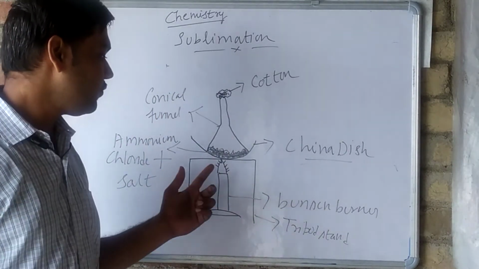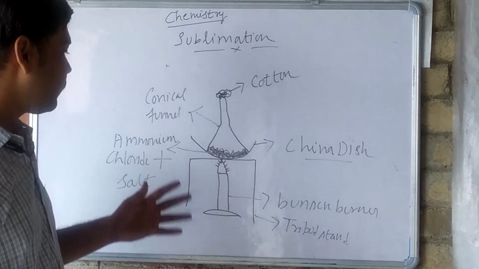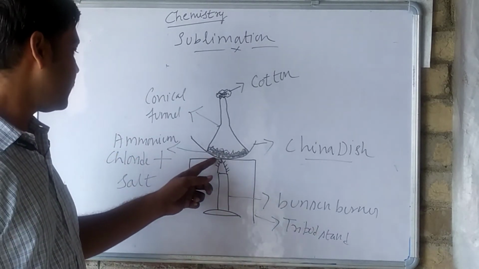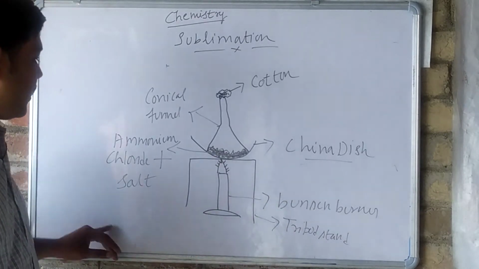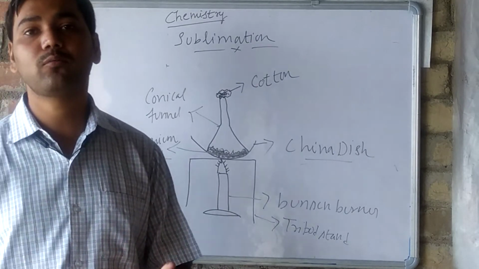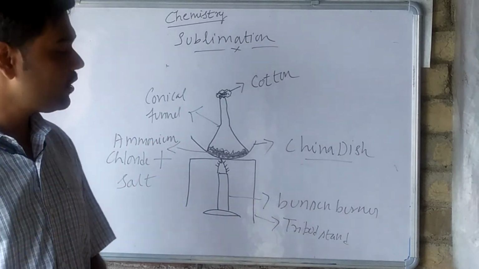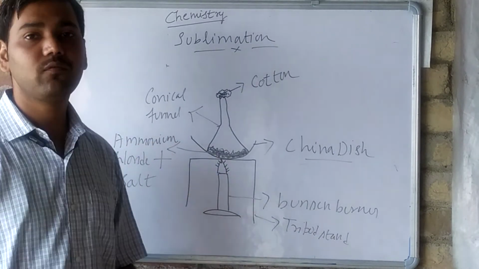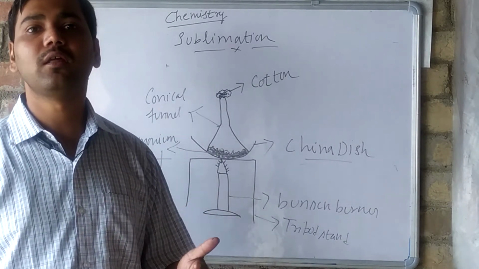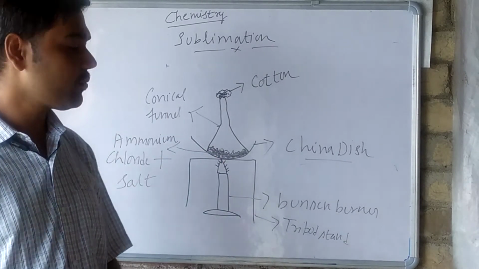Now when we light the Bunsen burner, after gaining heat, we will see that ammonium chloride separates from salt. We know that ammonium chloride sublimes after gaining heat. Ammonium chloride will start converting to a vapor. It does not melt. It will directly convert to a vapor by gaining heat.